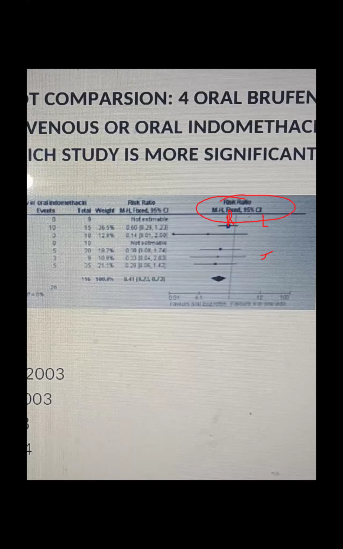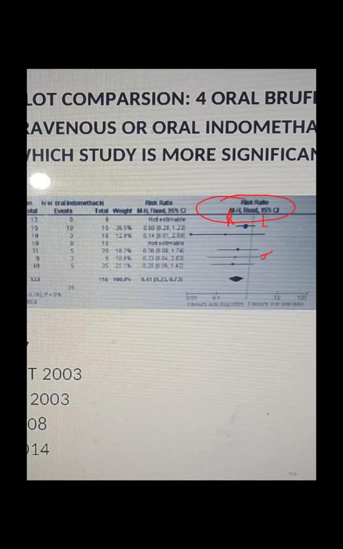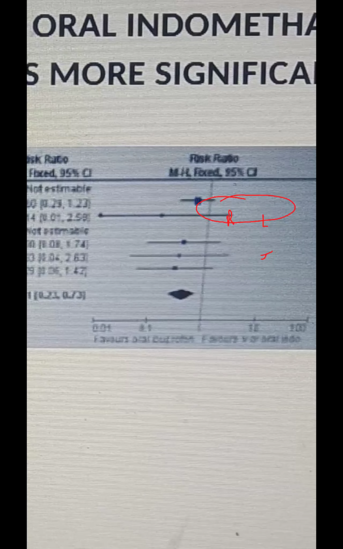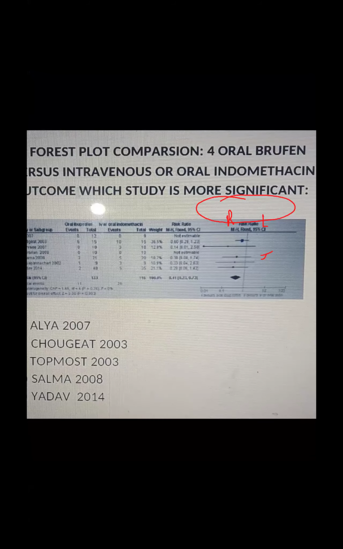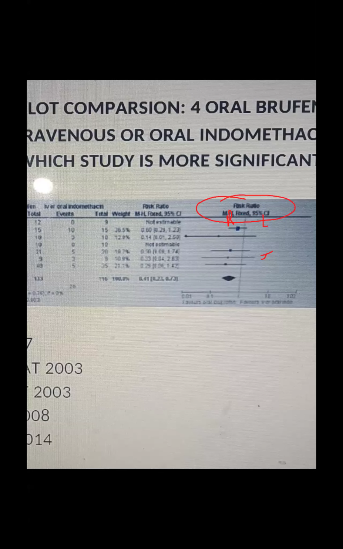Okay, this is a very blurred picture, but what I can see over here is which factor they are using, odds ratio, or relative risk. This is very important, because if you know the scale, then you know that this center line is either 0 or 1.